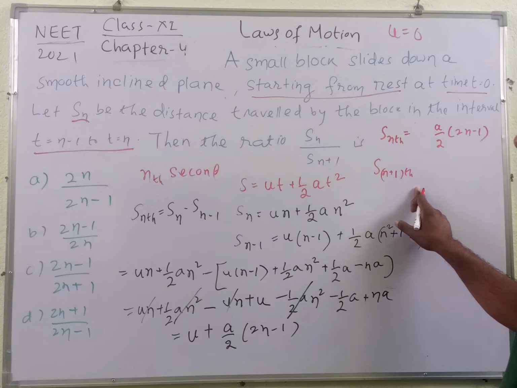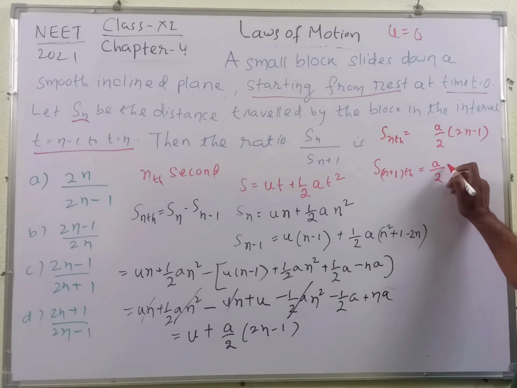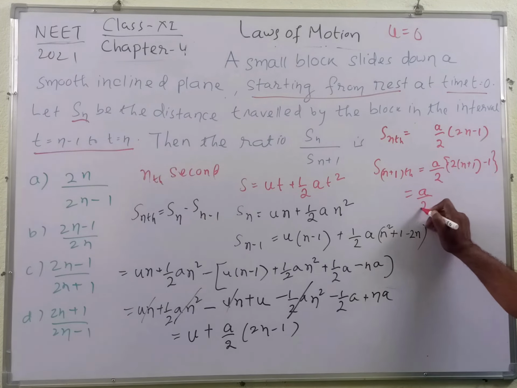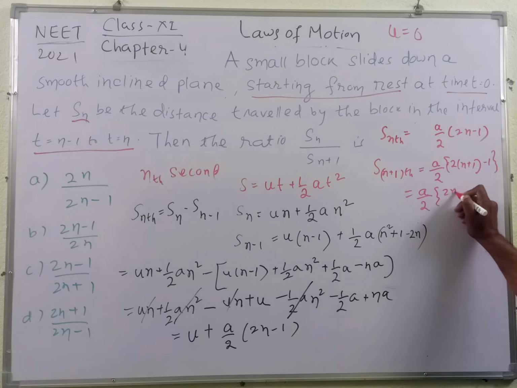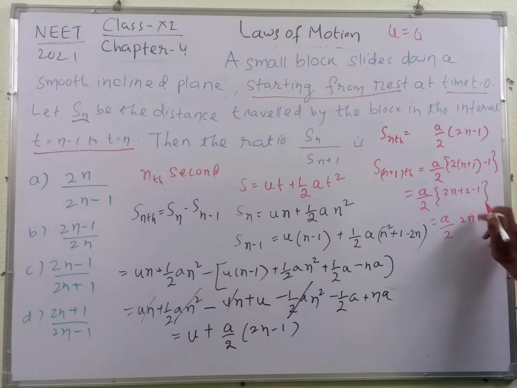Sn plus 1 second? That will be equal to a by 2 into 2 into n plus 1 minus 1. In place of n, we will write n plus 1. So, this will be equal to a by 2 into 2n plus 2 minus 1, which is a by 2 into 2n plus 1.